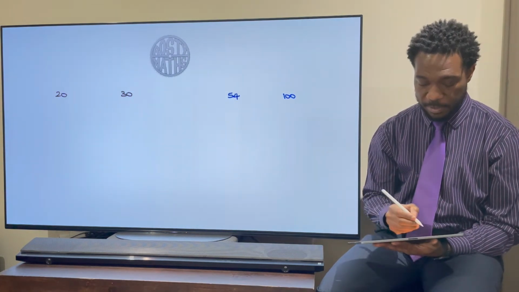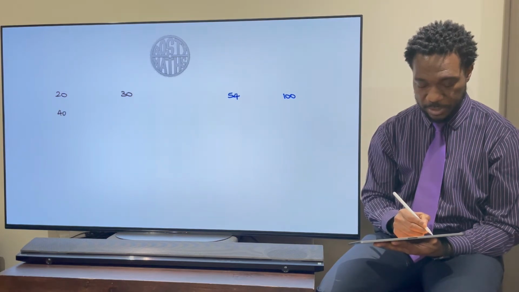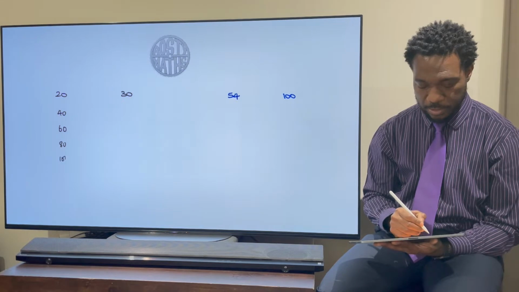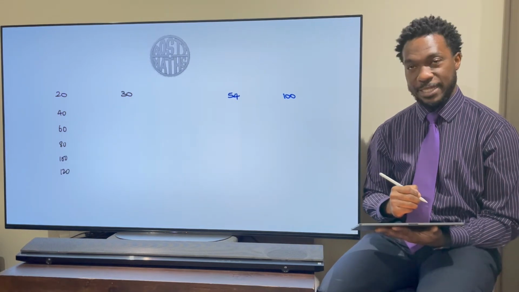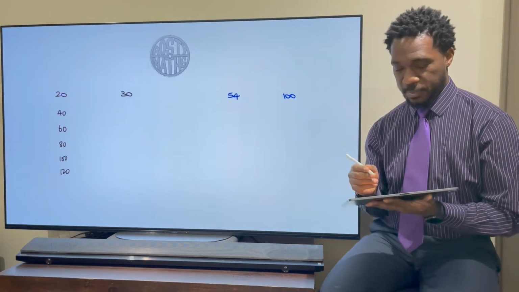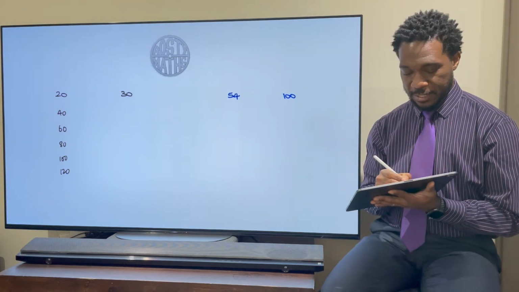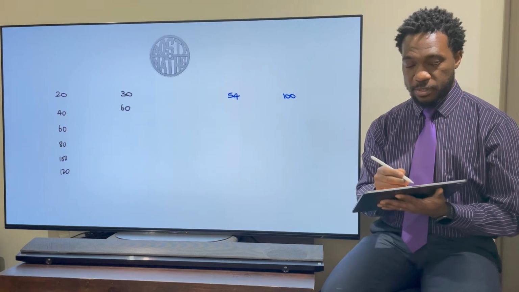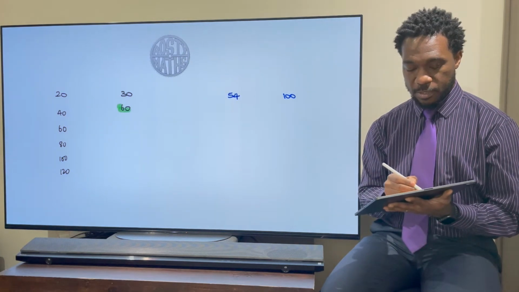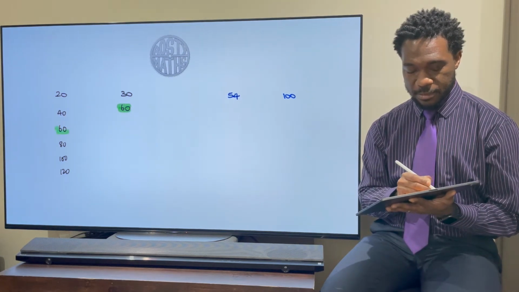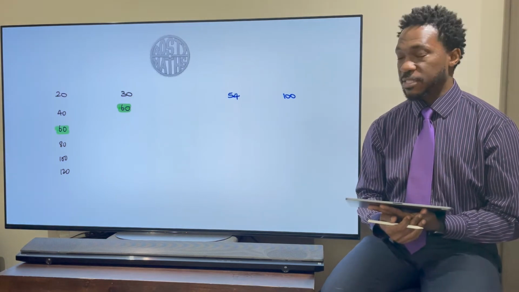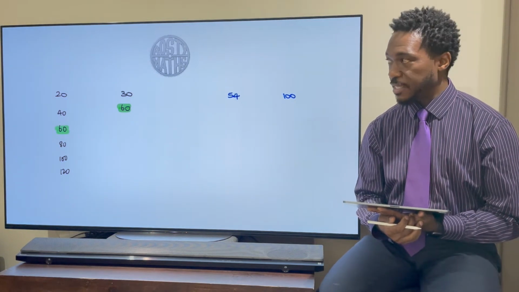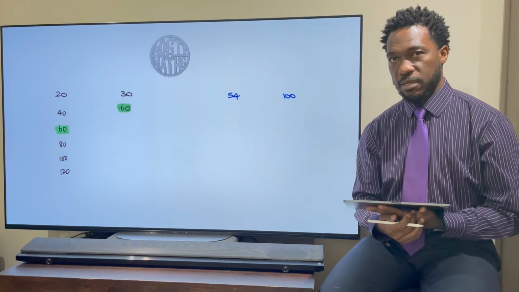So if I write down my multiples of 20, I'm going to have 40, then 60, then 80, then 100, then 120, like that. And then if I put my multiples of 30 down, that's going to be 30, 60, and we have to stop here because that's a multiple of 30, that's a multiple of 20. It's the first multiple we've seen, so it's the lowest common multiple.